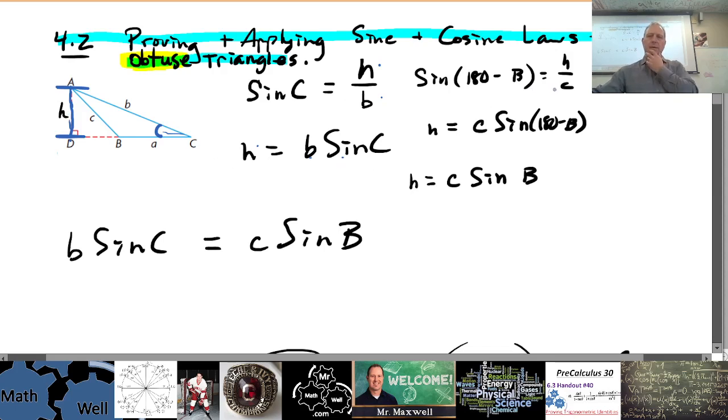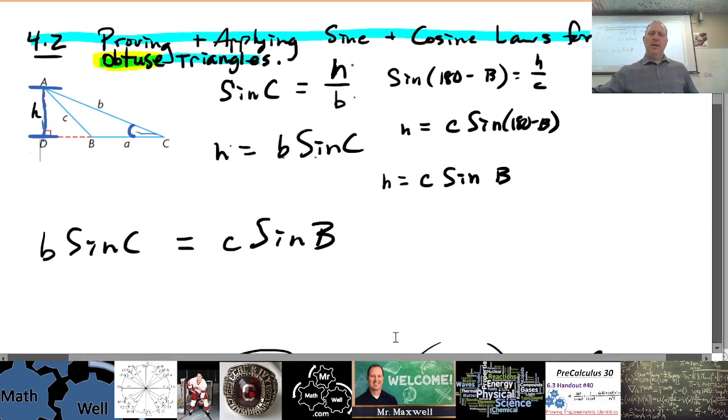Now, over here is where this gets a little tricky, okay? Now, what we're focusing on here is right here, this angle, okay? So this is the sine of 180 minus B. So we're focusing on this little angle right here.